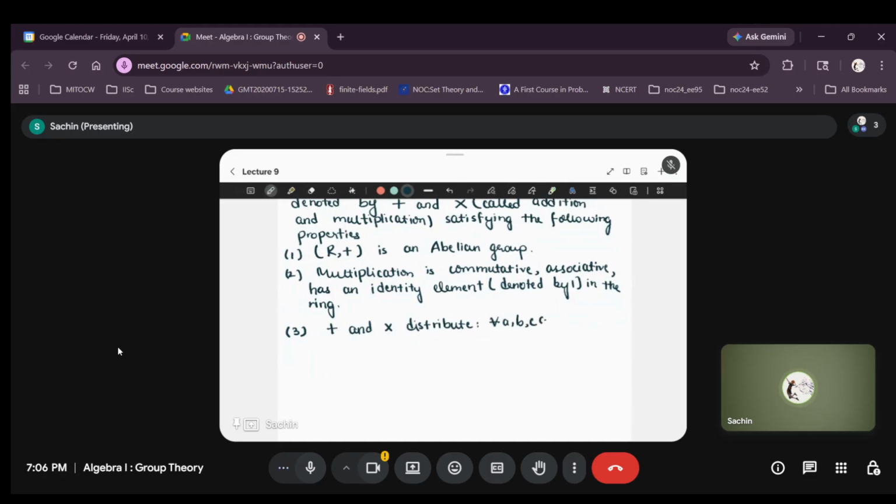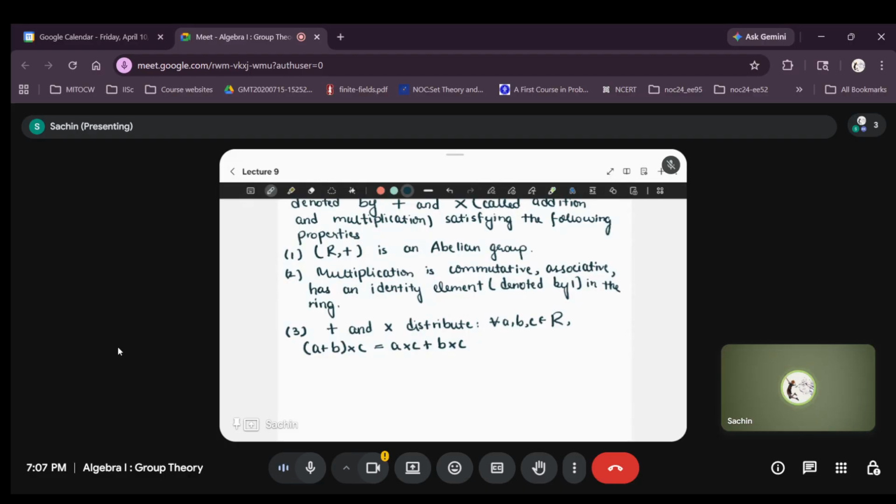If there are three elements in the ring, then (A plus B) into C must be equal to A into C plus B into C. Of course, the other side, C into (A plus B) must be equal to C into A plus C into B. But this is taken care of by commutativity of multiplication, so stating one of them is enough. So a set with two operations that have these properties is called a ring.